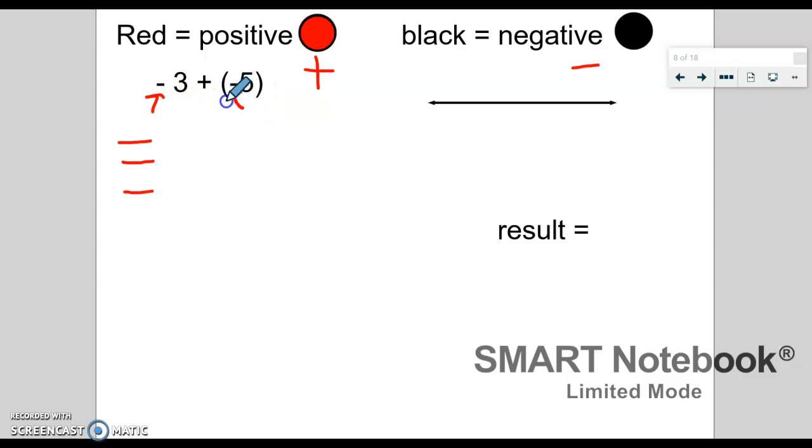And then the 5 is negative, so 5 more negative signs. 1, 2, 3, 4, 5. You can see in my group that there are no plus signs, so no cancellation of signs is going to occur. I just need to count how many negative signs I have. 1, 2, 3, 4, 5, 6, 7, 8. So that's -8.